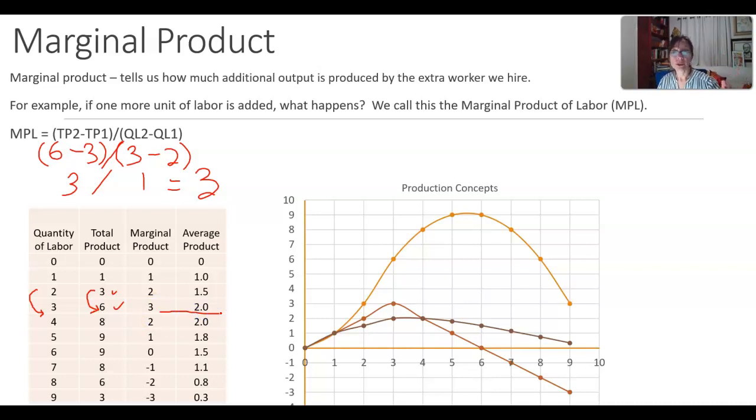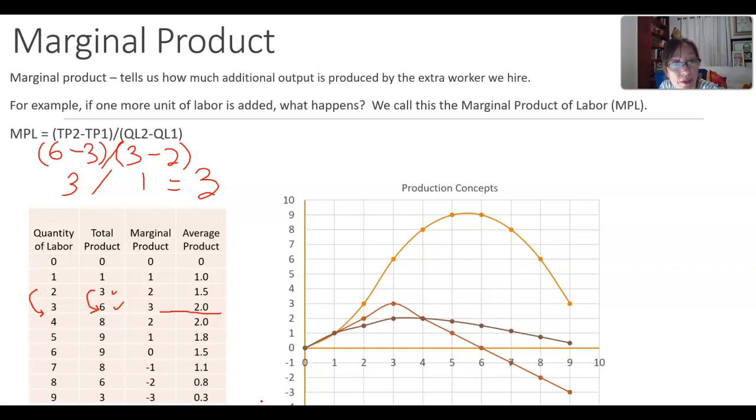So as we add more people, and you can see right here our marginal product, let's go over here to our little graph. This brownish curve right here, this is our marginal product curve, and let me label those.